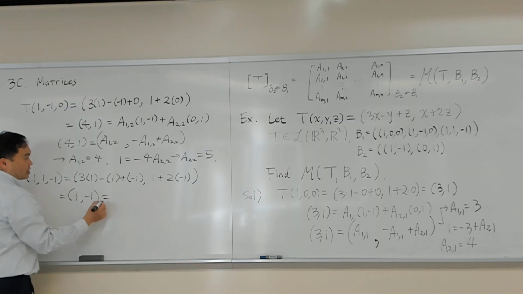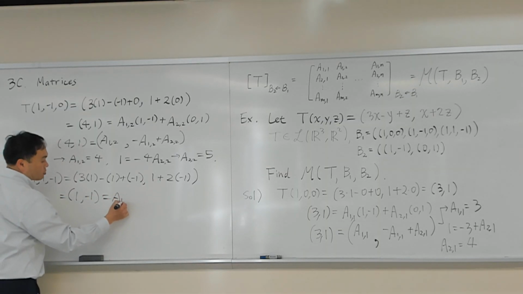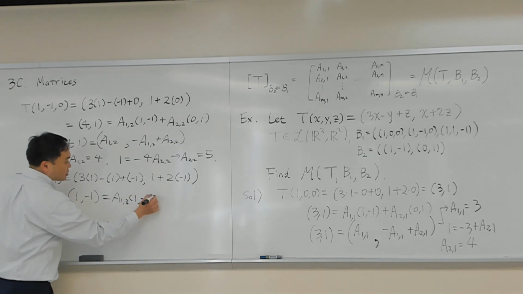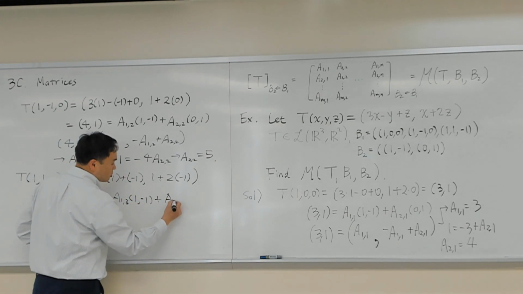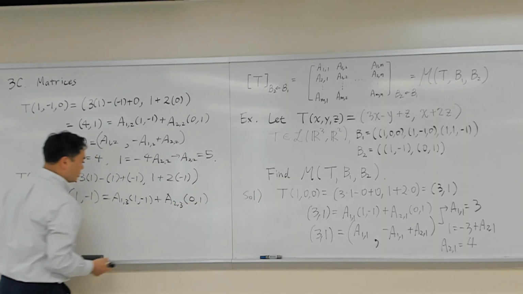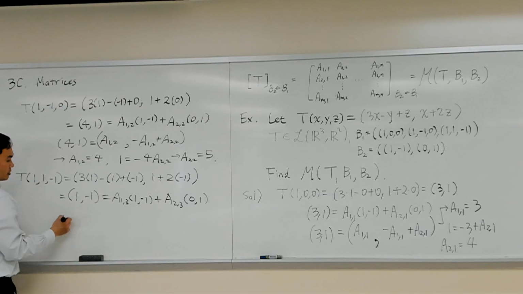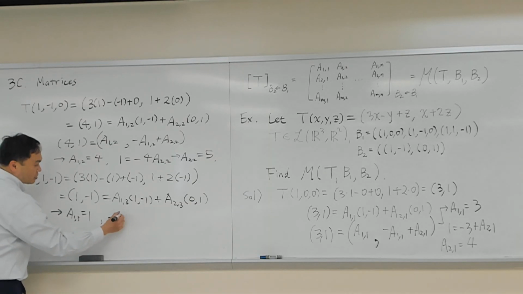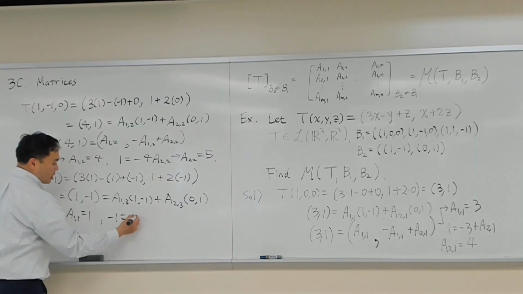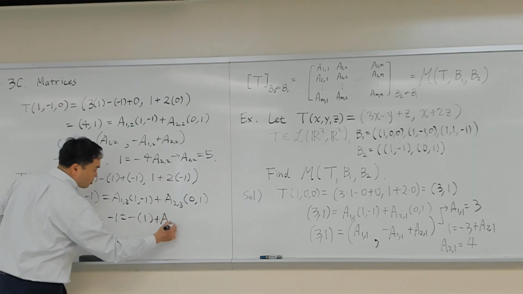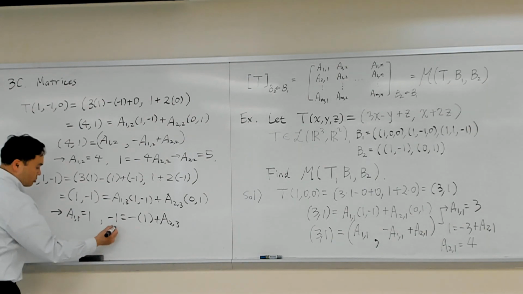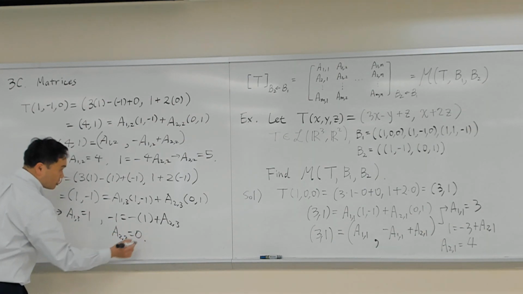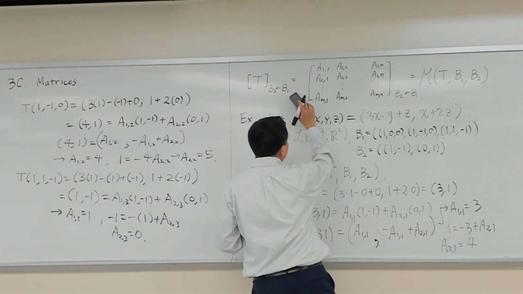Again, I need to write that as A13 times (1, negative 1) plus A23 times (0, 1), and we've done enough calculations that are similar, so we can say A13 should be 1, and then negative 1 is equal to negative 1 plus A23, so that A23 is 0.